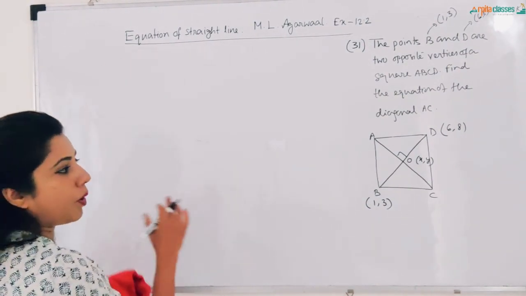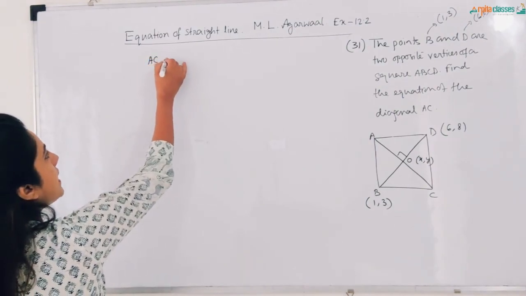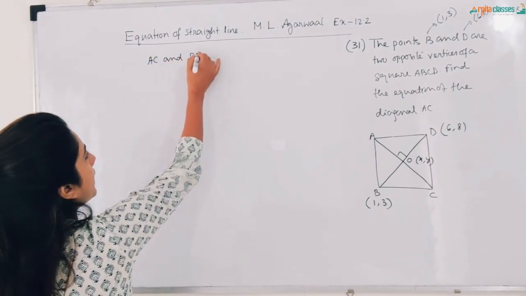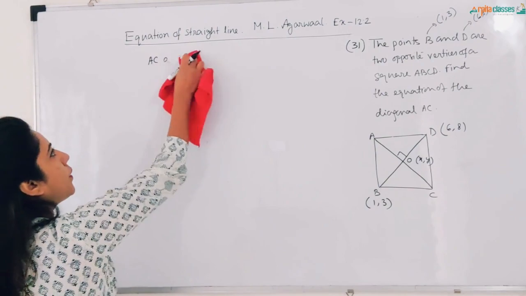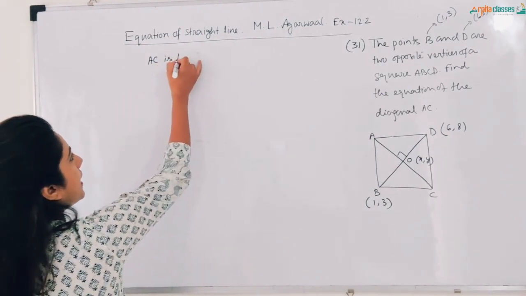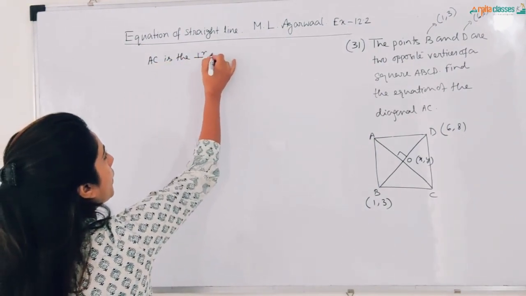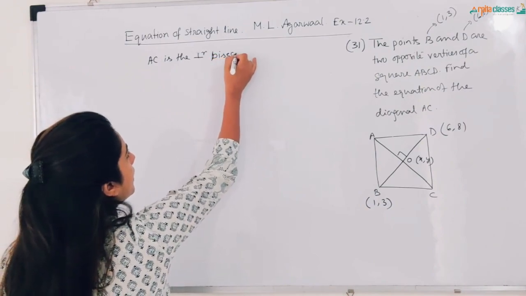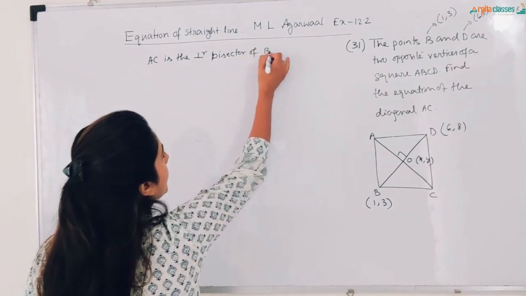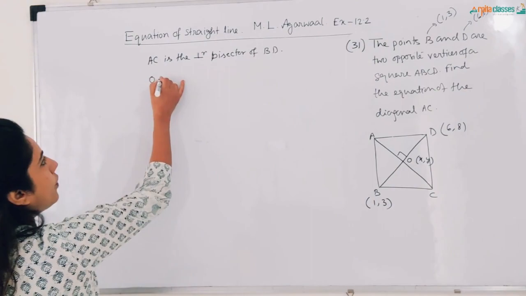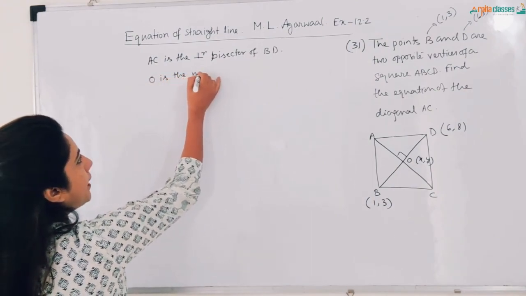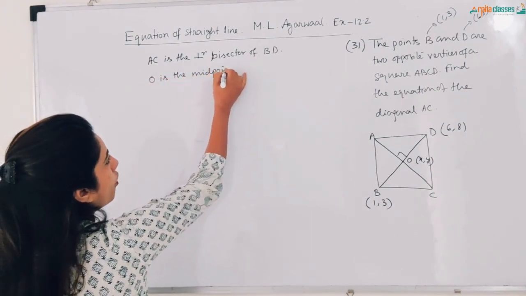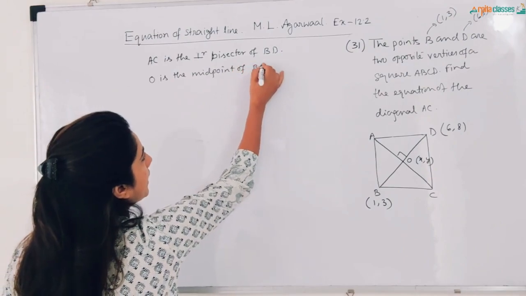First let us write down the property, that is AC is the perpendicular bisector of BD. Therefore, O is the midpoint of BD.